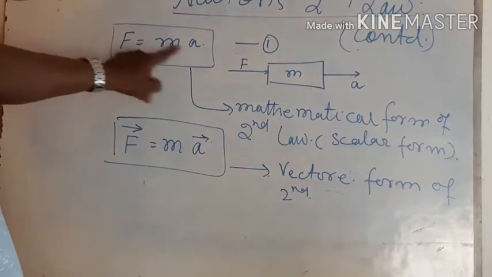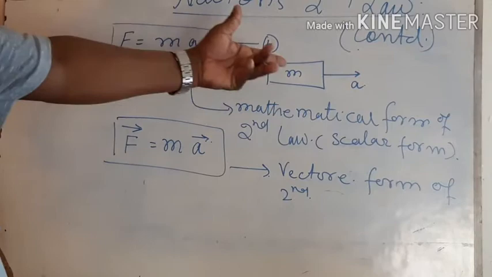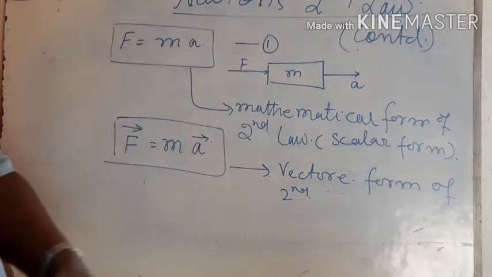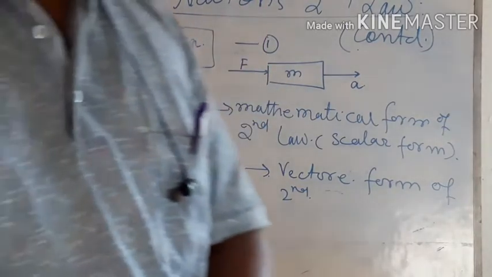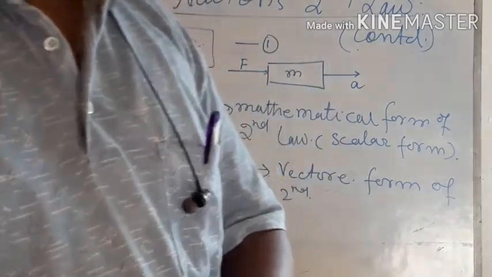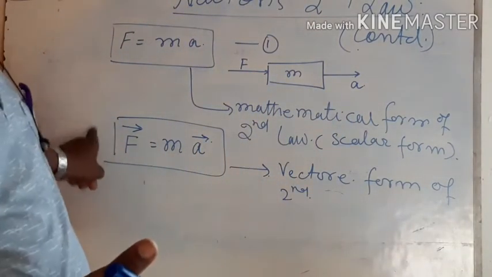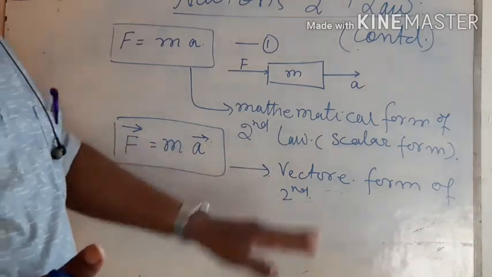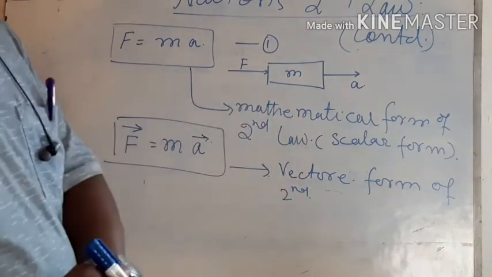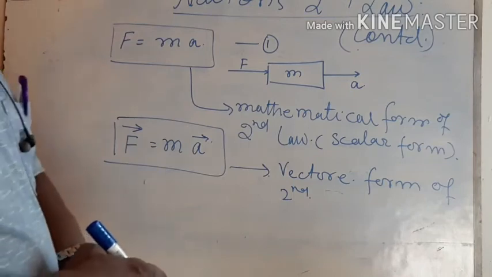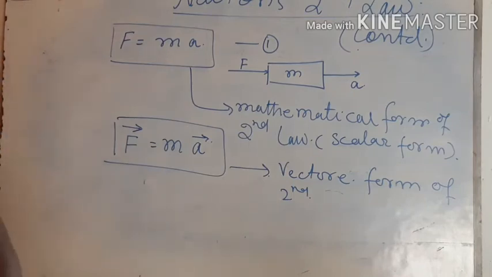Here the force will have only magnitude, there will be no direction, but the quantity which possesses magnitude as well as direction is called a vector quantity. So this relation will give you the vector form of the force, that is magnitude as well as the direction, right?